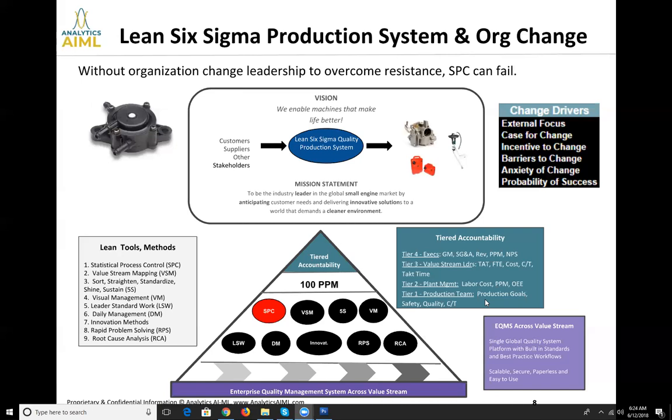If there's a non-conformance, or what's known as a CAPA, a corrective and preventive action, it's well documented, along with the necessary changes to the process, updating the training material, and ensuring people get certified in the new process. All of that is fully integrated within the system. So an enterprise-wide quality management system is also a very important part of your overall Lean Six Sigma production system, combined with organizational change.